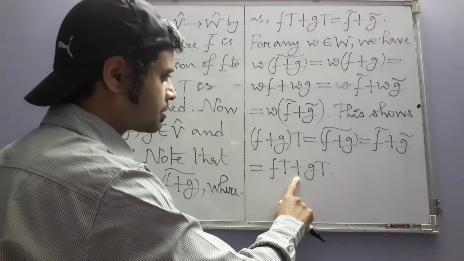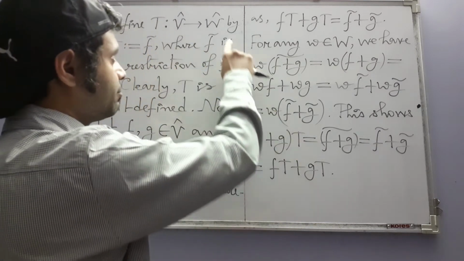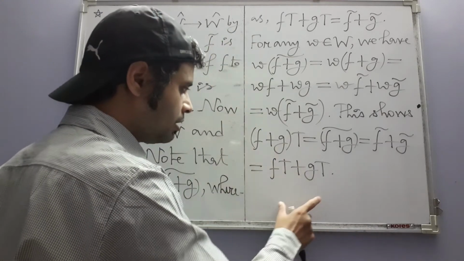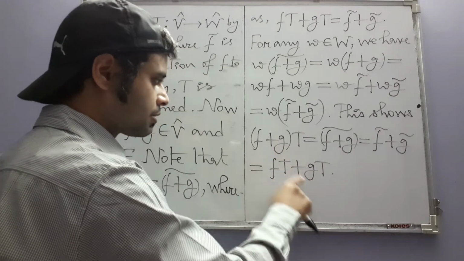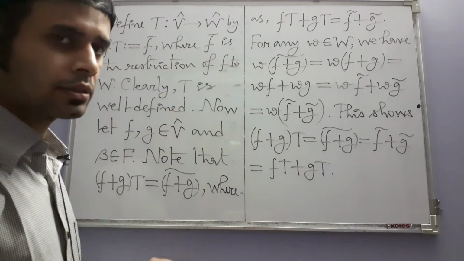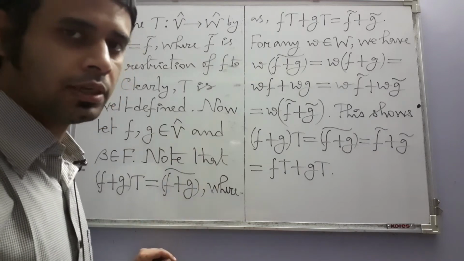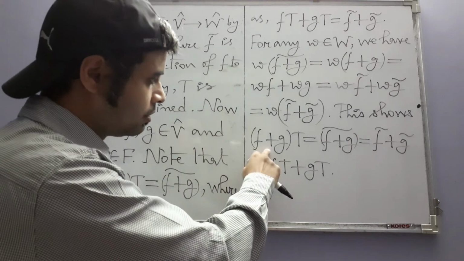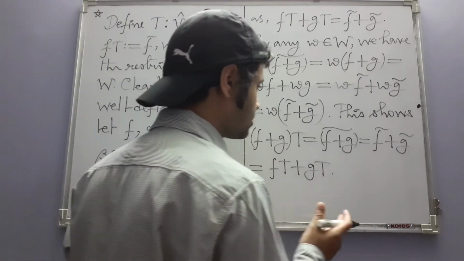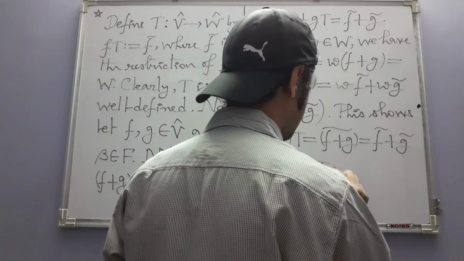What is this plus? This is the addition that we have in W hat. So this equation actually is telling us that T respects the addition operation in these two structures. When you transition from V hat to W hat, the addition is respected in this sense. Additions are respected, rather I should say.